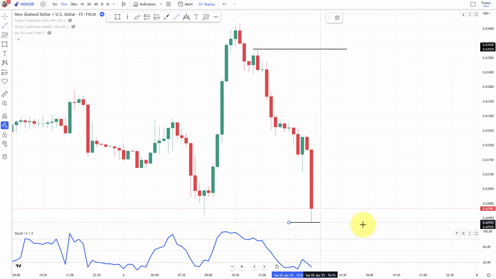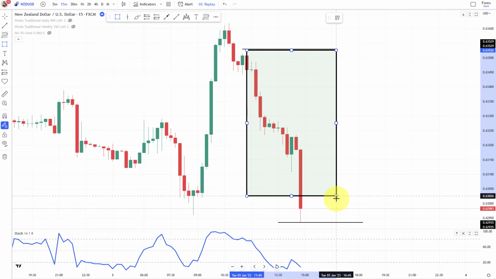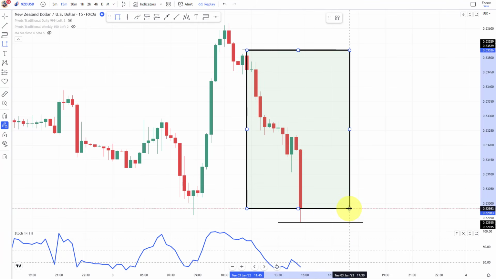The low of this 14-bar period is here, and the close is here. And you can see we have a very low stochastic value of 8.08, which means that over this range, the market is almost at the absolute low. So it is 92% of the way to the absolute low, and we have 8% left from the close to the absolute low.